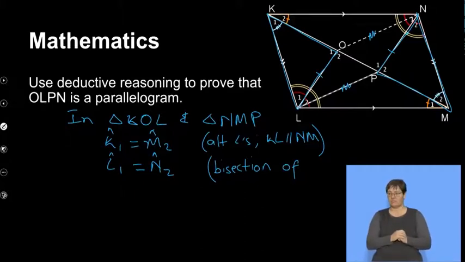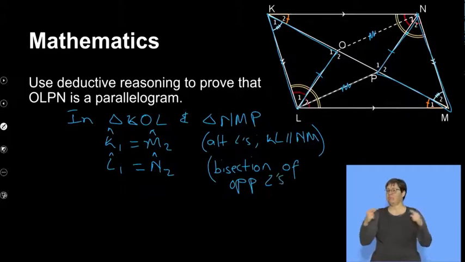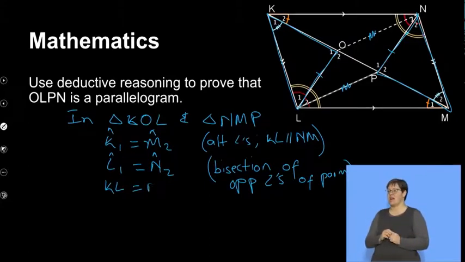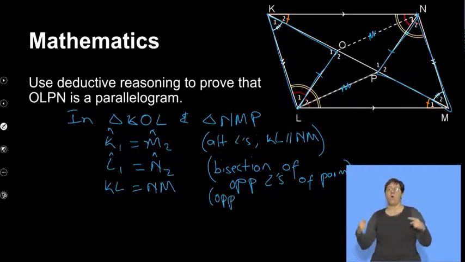Bisection of opposite angles of a parallelogram. And then I need one more thing, and that one more thing needs to be a side, because I can't use an angle. And that side will be none other than KL being equal to NM. And this will be because the opposite sides of a parallelogram are equal, right?